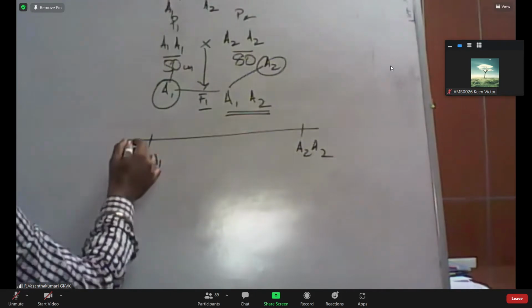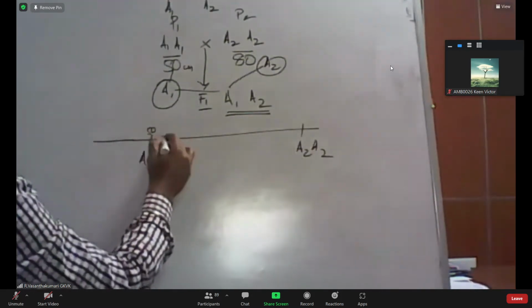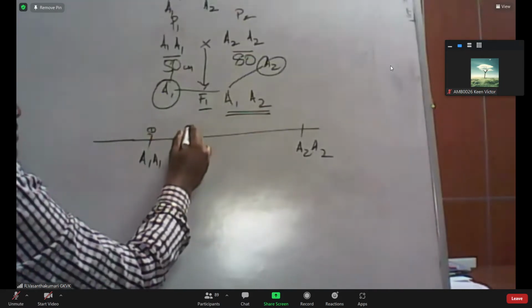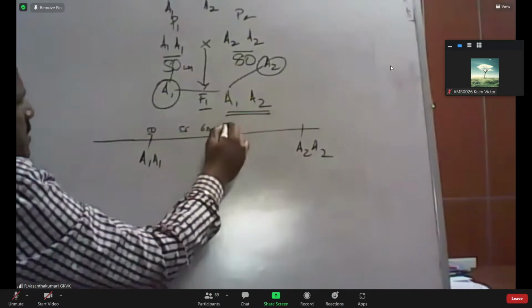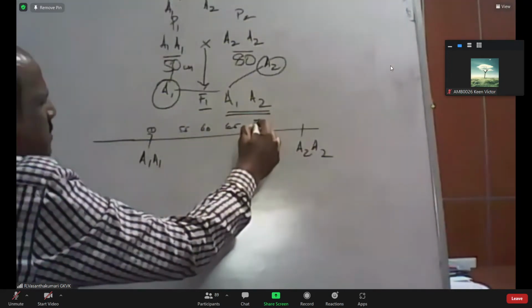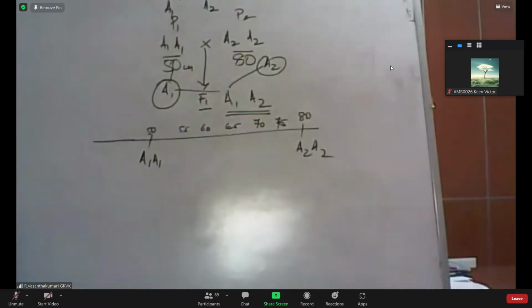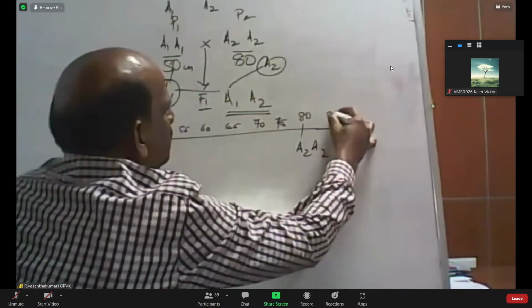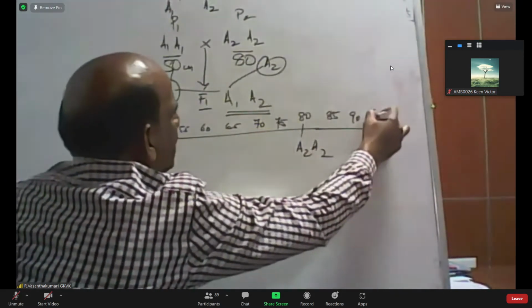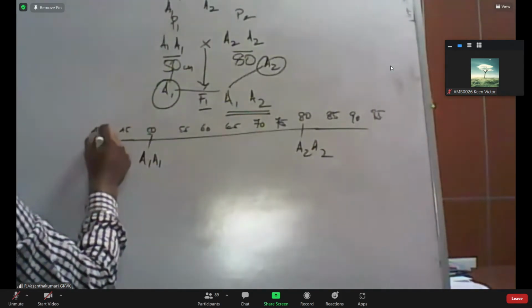Here we have some height. This is 50 centimeters. This is 55, 60, 65, 70, 75. Let us say something like this. Clear? This is a scale. You have 85, 90, 95. Similarly, you have 45, 40, and so on. Is it clear?